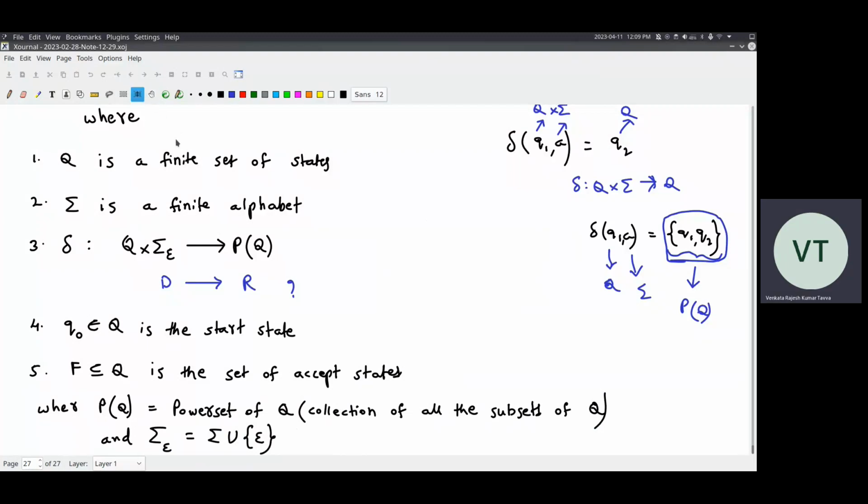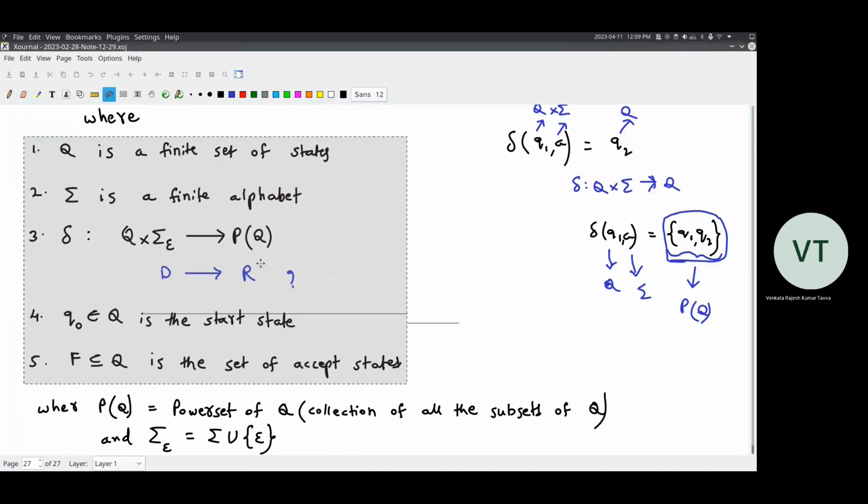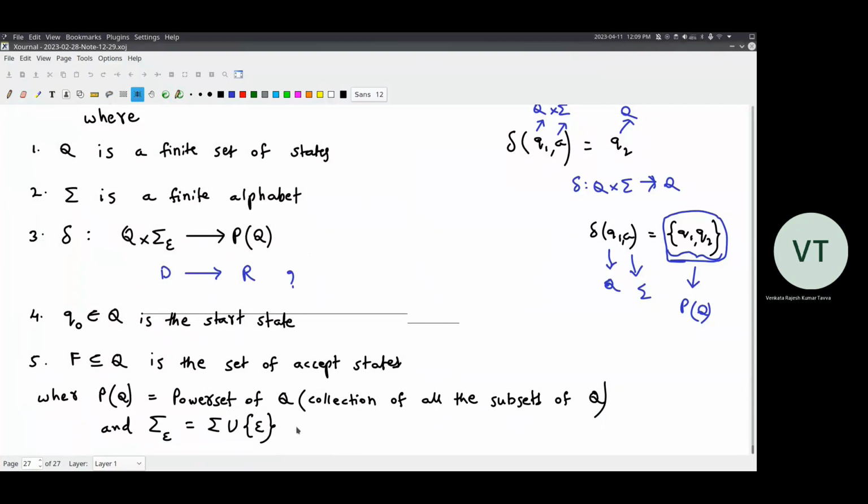We may need some space. All right, so that's the formal definition of a non-deterministic finite automaton.